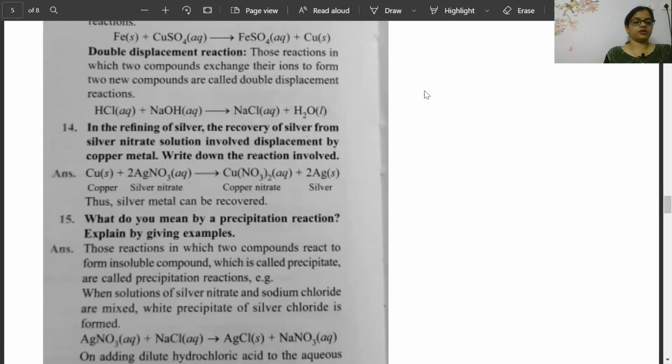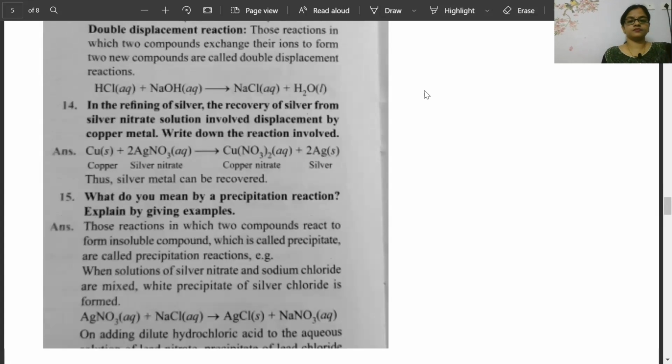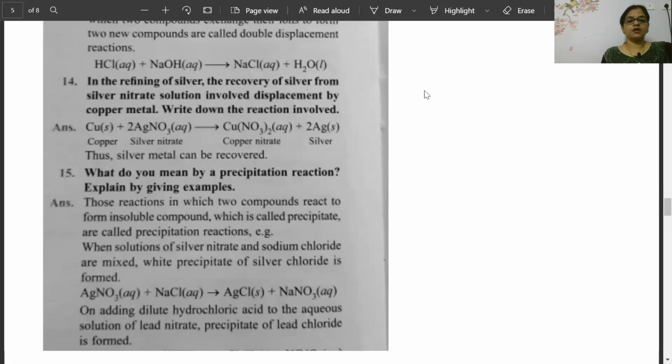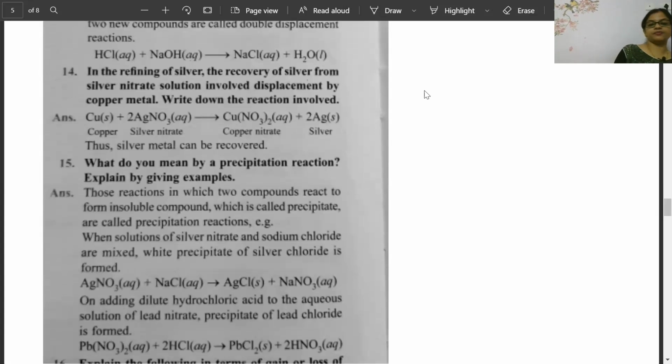Okay, very good. Super. One more example. They have given two examples. Silver chloride will be obtained and sodium nitrate will be obtained. Silver chloride is a white PPT.